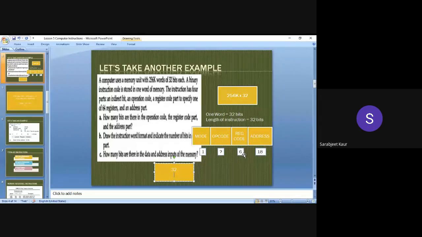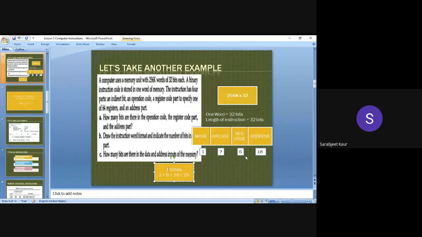Plus 18 bits to the address part, which makes it 25 bits, right?